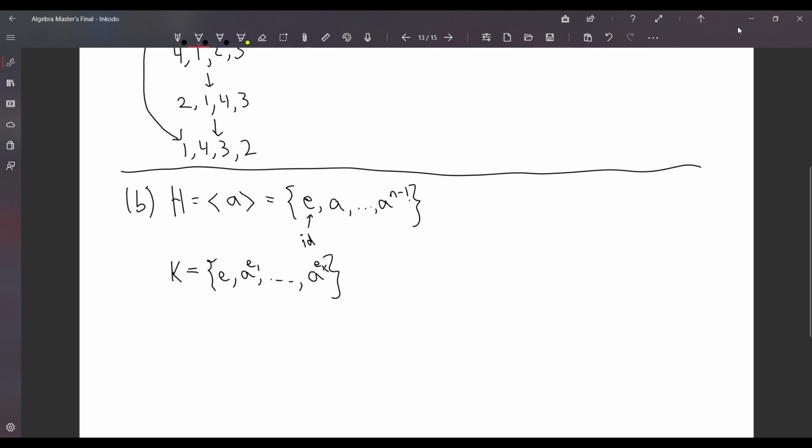Basically, the thing to notice is that if H is normal, then for any g in G, g inverse is going to be in H. So this implies that g inverse is going to be a power of A, which we can say is A to the k sub g.